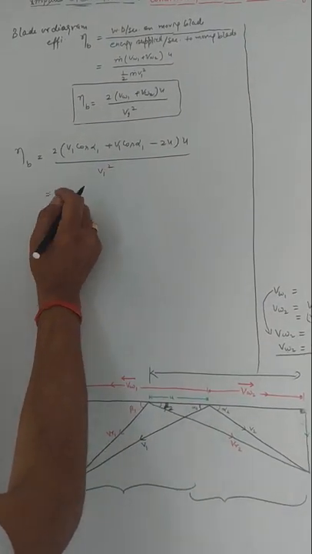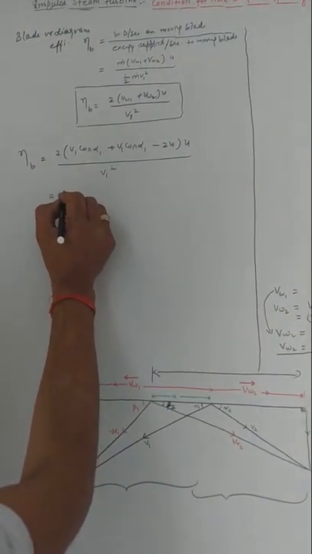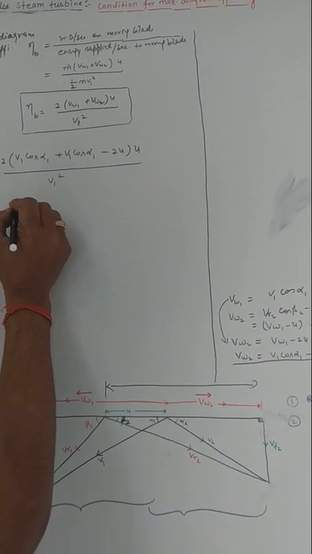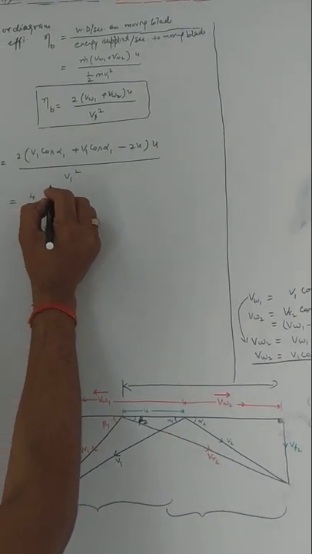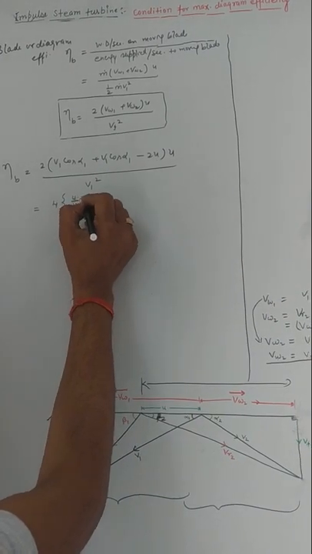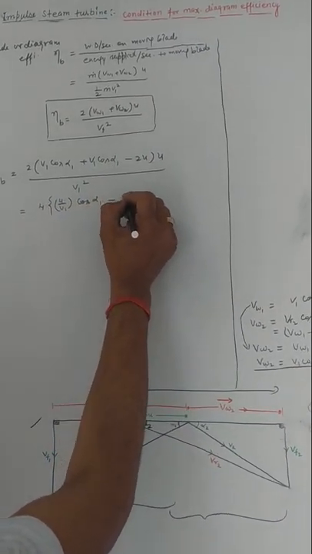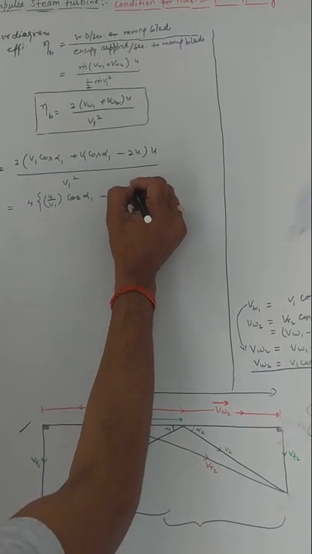Now we simplify this relation and can write it in terms of 4 u by V1 times (cos alpha 1 minus u by V1).